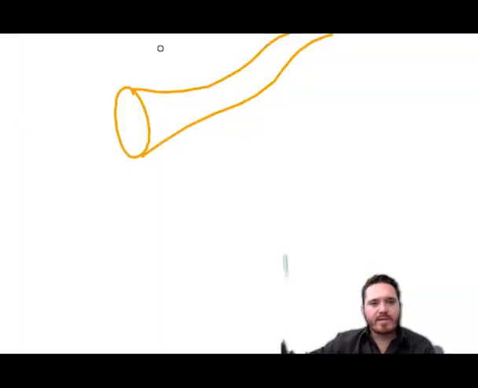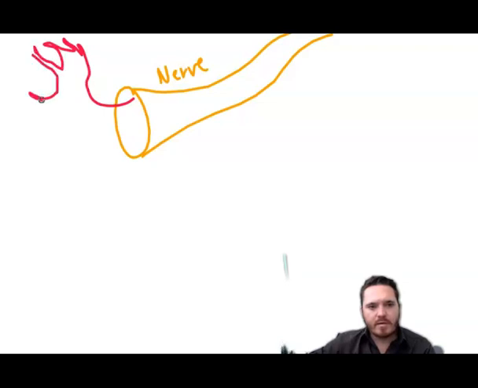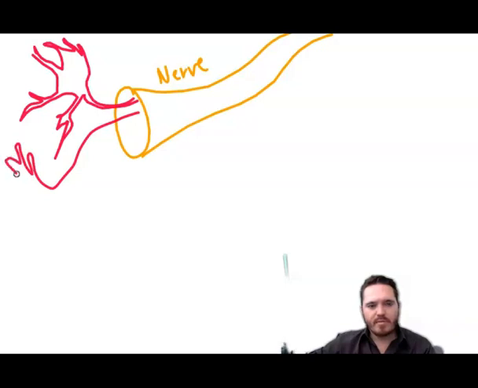So if this is a nerve, then you would have your neurons coming out, maybe branching out like this. Okay, so you'd have several of those. These are the neurons that I'm drawing.